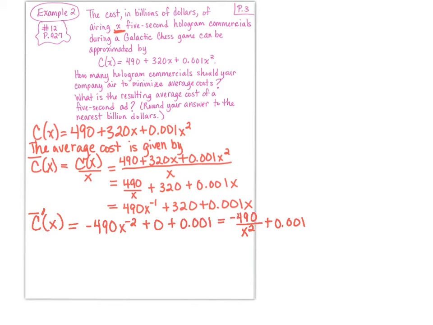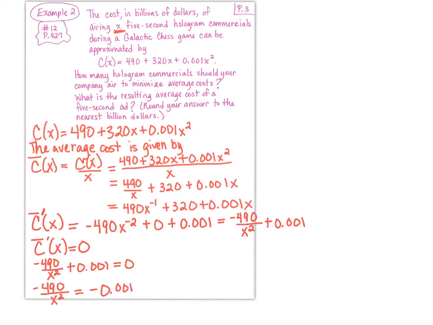Now we need to find our critical points. Remember, we set our derivative equal to 0. That means negative 490 over x squared plus 0.001 equals 0, which means negative 490 over x squared is equal to negative 0.001.